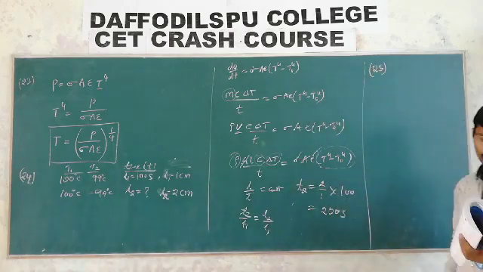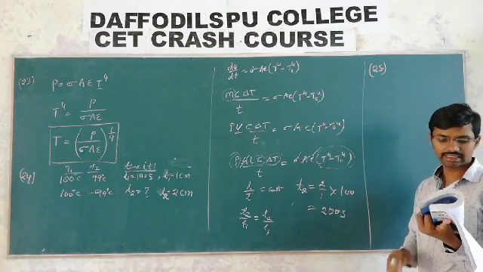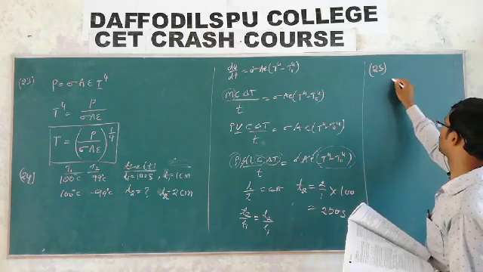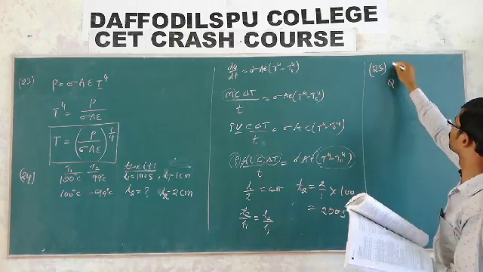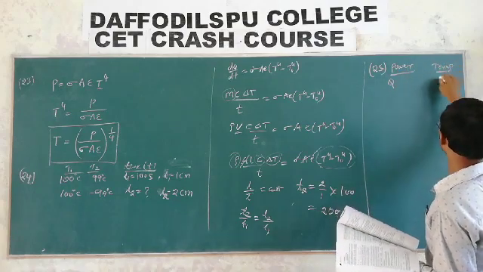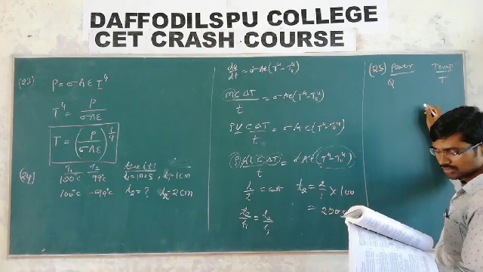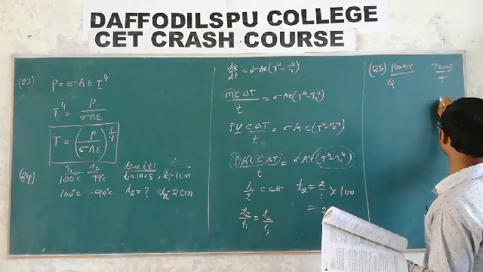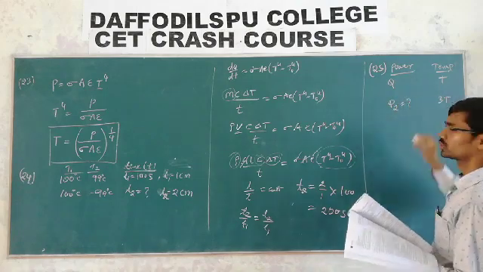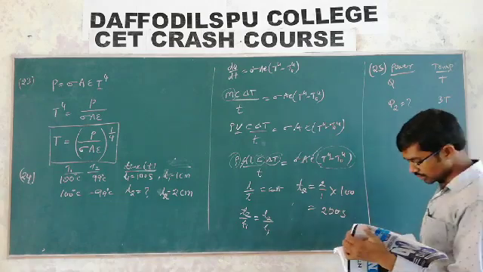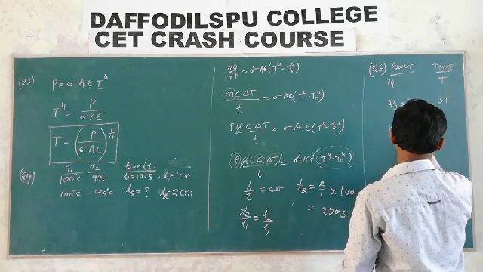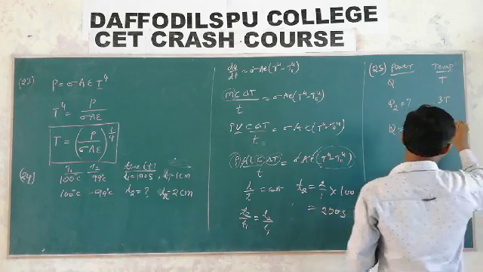Let us see the 25th one. At temperature T, the power radiated by a body is Q watts. At the temperature 3T, the power radiated would be Q2. According to Stefan's law, the power radiated is equal to sigma A E T power 4.